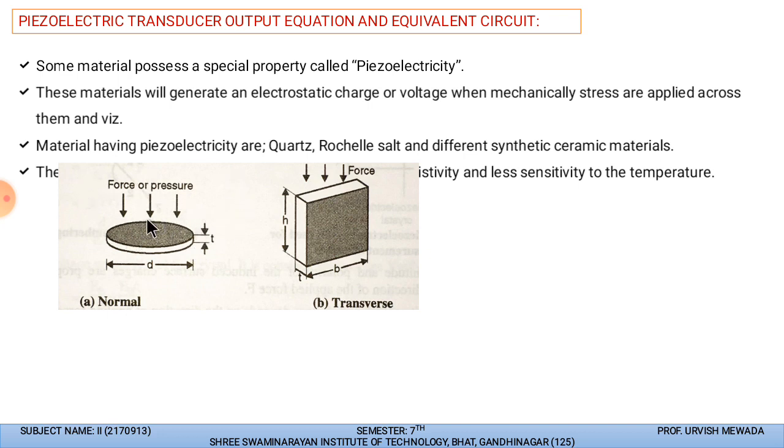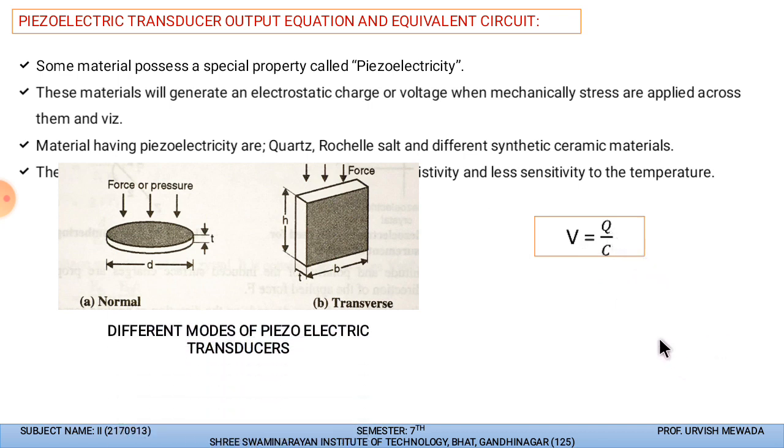So this is a shape which is available in the market, and this is also a shape which is available in the market, so we can use them as per our requirement. So generally it follows Q is equal to CV, meaning the charge which is generated, where V is the voltage, Q is the charge, and C is the capacitance.